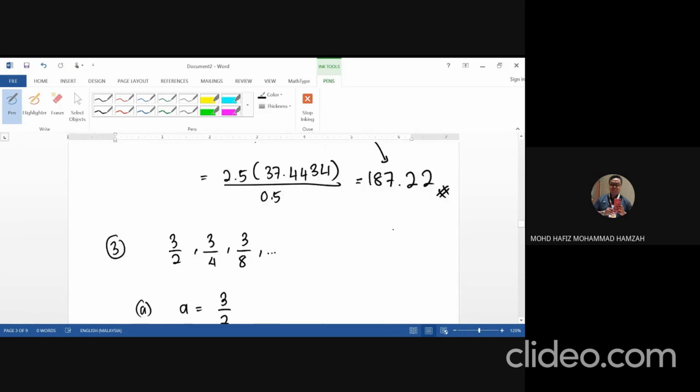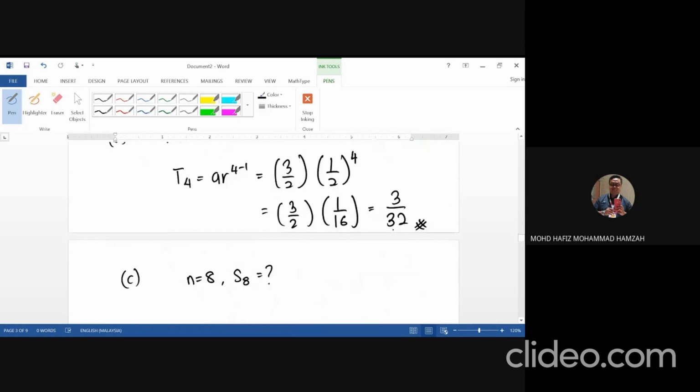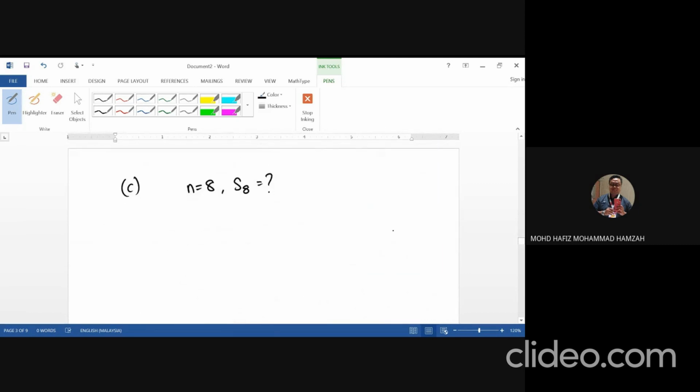Sebab R less than 1, sebab kita dapat R 0.5, sorry. So S8 equal to A dia 3/2, and then 1 minus R dia 1/2 kuasa 8 berikan dengan 1 tolak 1/2.